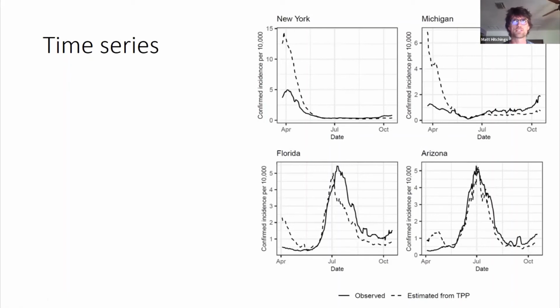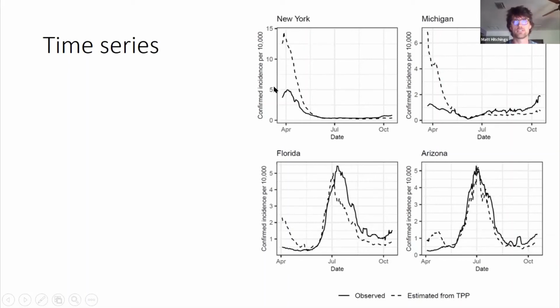We just regressed the TPP against the incidence using our equation that we derived earlier. It's not really an estimation, but it's kind of an estimated incidence based on what your TPP is relative to other times in the time series.